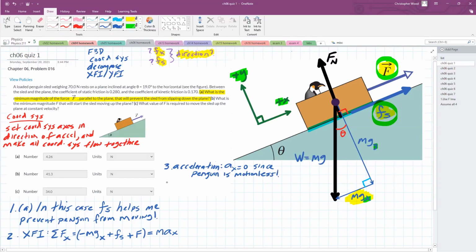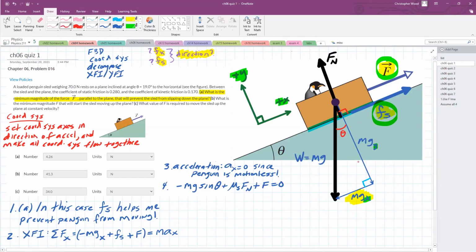So let's keep going. Let's just keep processing this. Here goes: negative mg sine theta plus mu subscript s F n plus F equals 0. So where did number 4 come from?